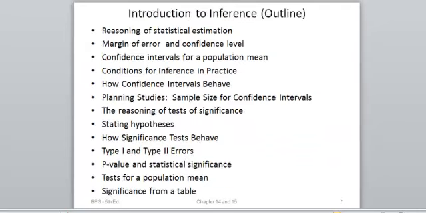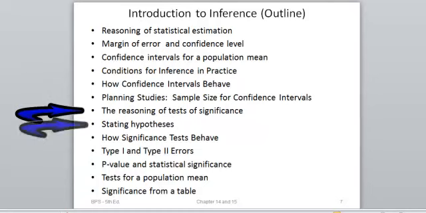So what are we going to be doing first? I gave a very sketchy reasoning of statistical estimation and testing, but we're going to get more specific into the reasoning of statistical estimation, margin of error and confidence intervals for a population mean, conditions for inference in practice, how confidence intervals behave, planning studies, sample size for confidence intervals, the reasoning of tests of significance.